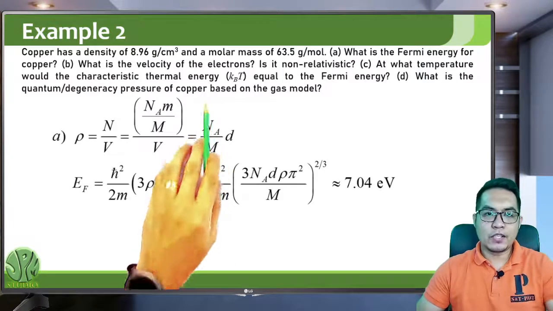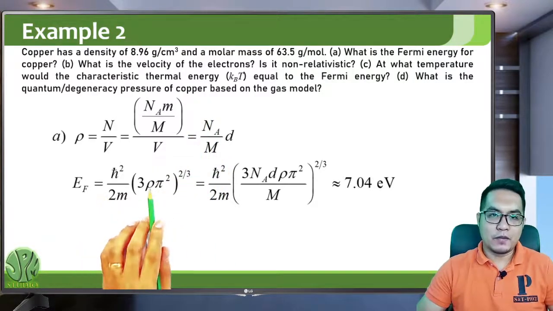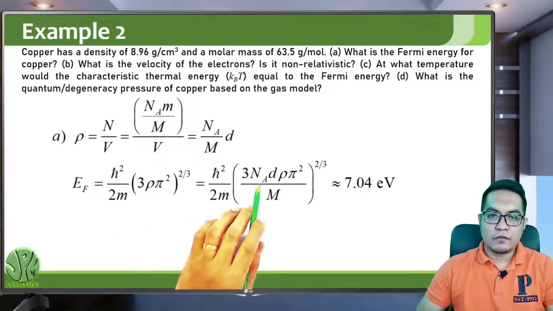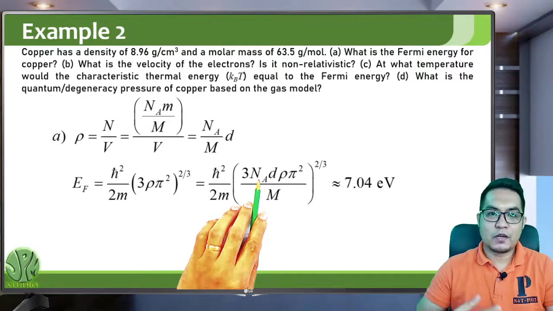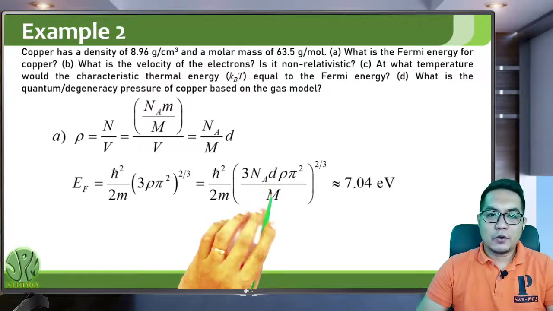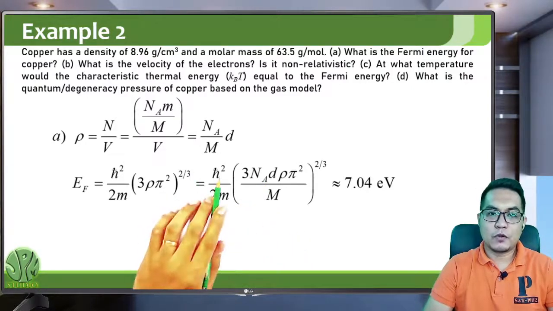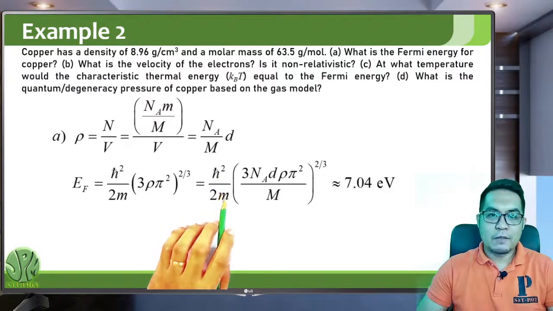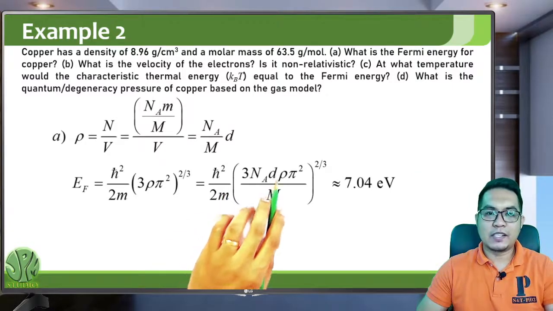So we use this one and substitute it in the Fermi energy formula for rho. Avogadro's number is just 6.02 times 10 to the 23 atoms per mole. You convert to standard units. You look for the value of h bar. m is just the mass of the electron. We're given the molar mass and the density.